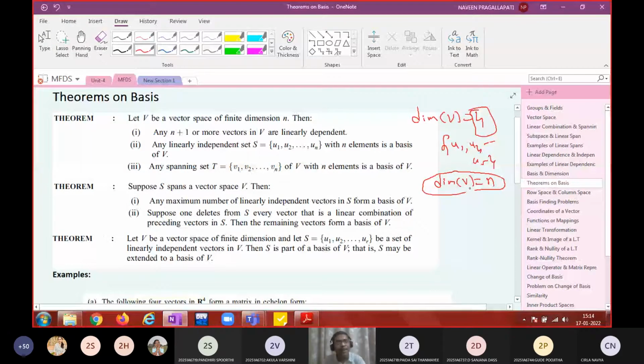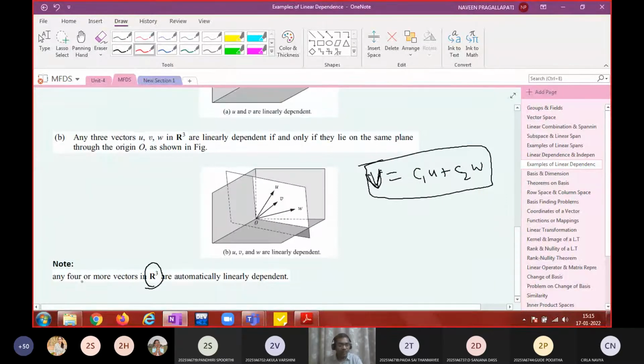Automatically it is going to be a linearly dependent set, because a basis only is going to be a maximally linearly independent set. That's why I said earlier, if you take 4 vectors, what is the dimension of R cube? Obviously, the dimension of R cube is 3, and any set of more than n vectors is going to form a linearly dependent set.